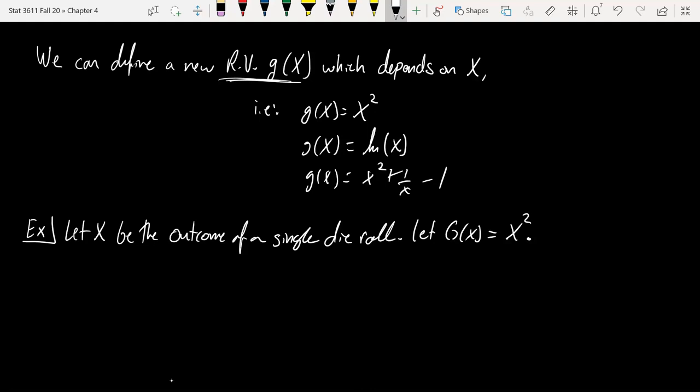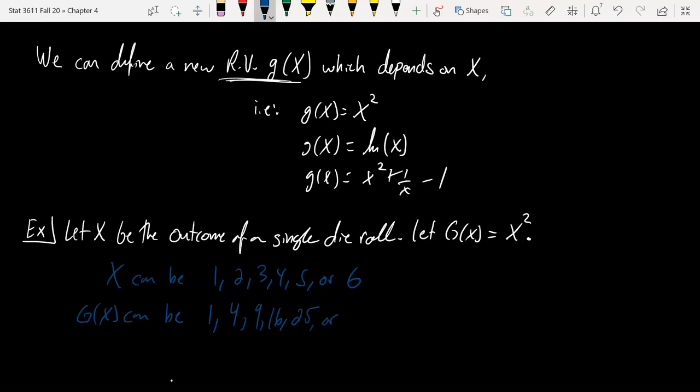Since capital X can be 1, 2, 3, 4, 5, or 6, then g of x could be, if x is 1, then g of x is 1 squared, that's just 1. But when it's 2, it would be 2 squared, so that's 4. 3 squared is 9, 16, 25, or 36.